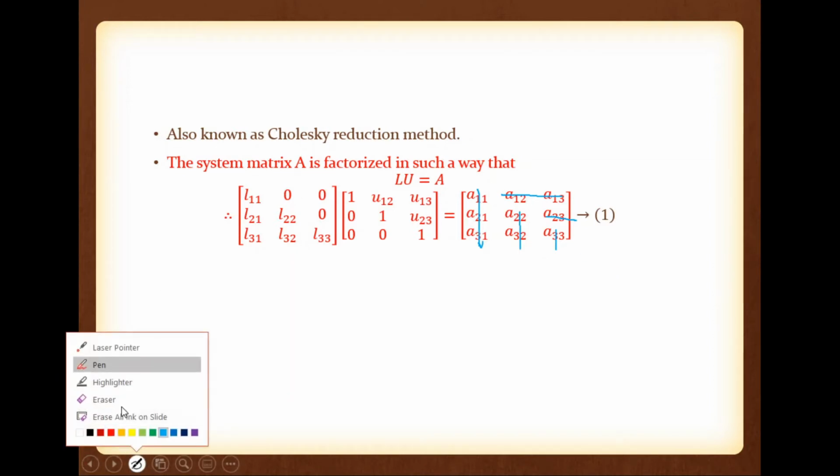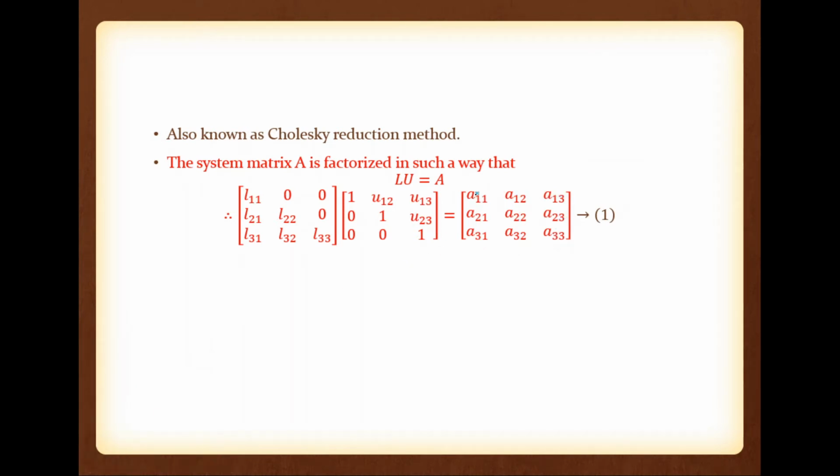Please note, if you are moving through the first column, what is the first element? A11. So how can we calculate this A11? Just look at this index. A11 means the first row of L and the first column of U. Am I correct?